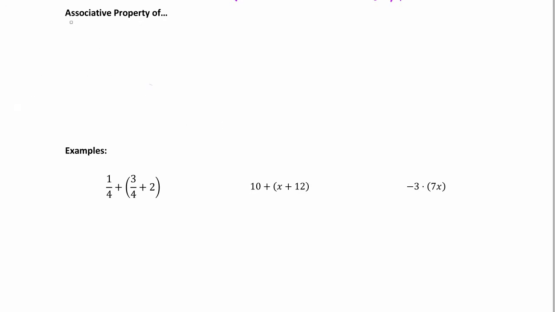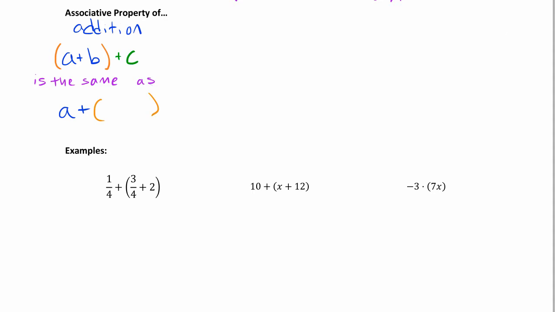The associative property of addition says this: if I have a plus b, and I'm doing that first, and then I add c to that, that is the same as a plus b plus c, where I add b and c first.